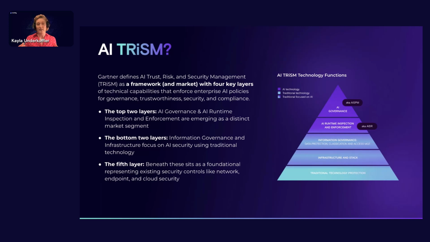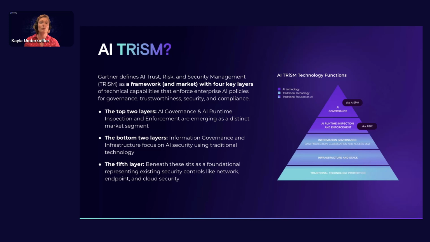So this is one of the approaches that we recommend organizations look at. This framework, TRiSM, is one of the best. It's leading. It gives teams real structure in how to process your security framework for AI.